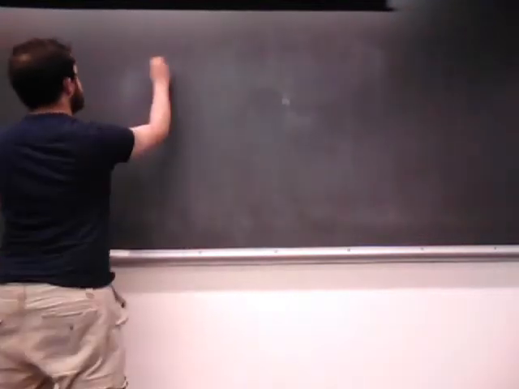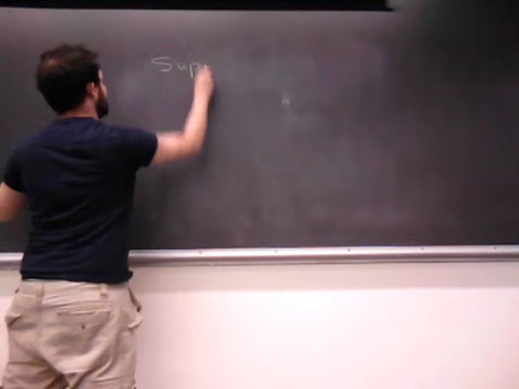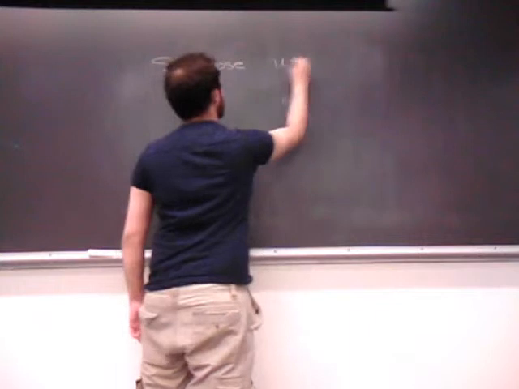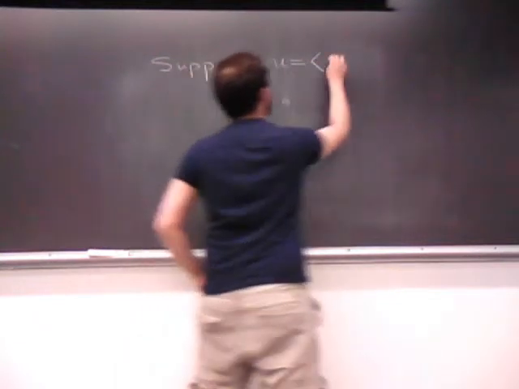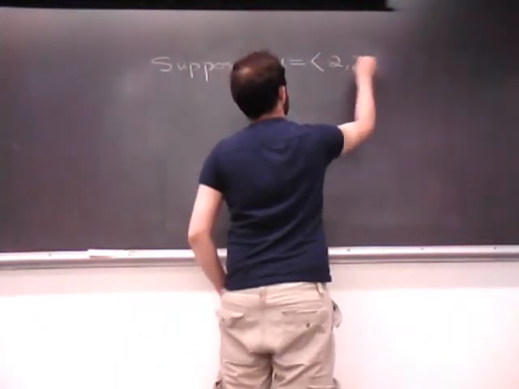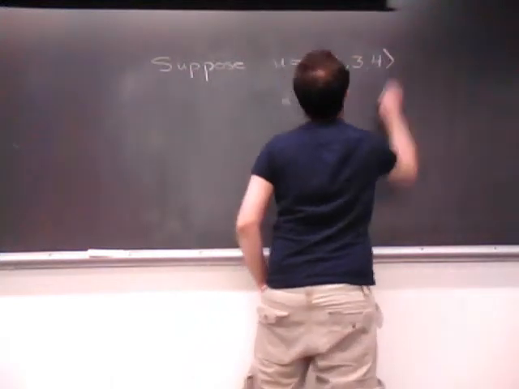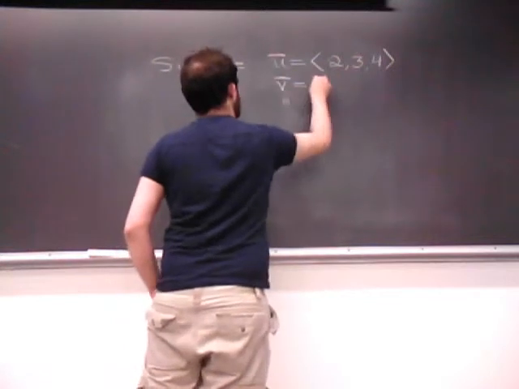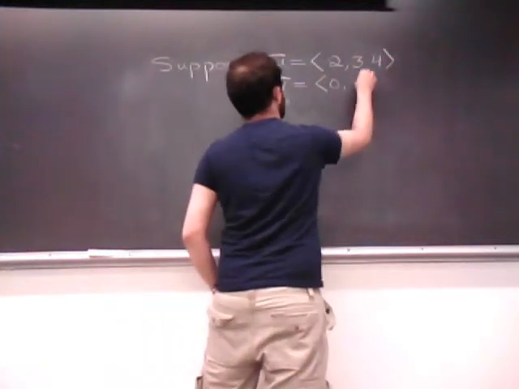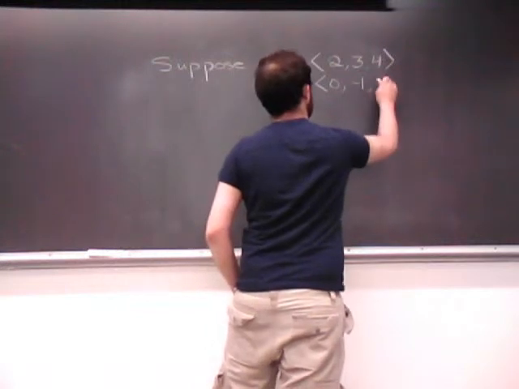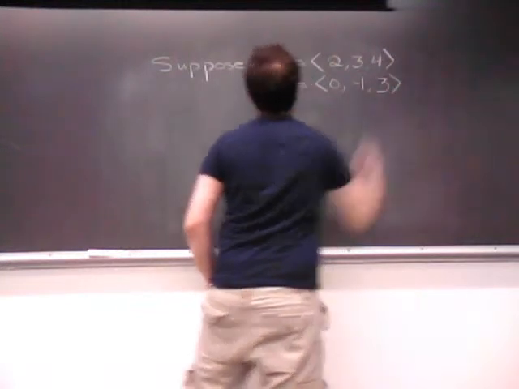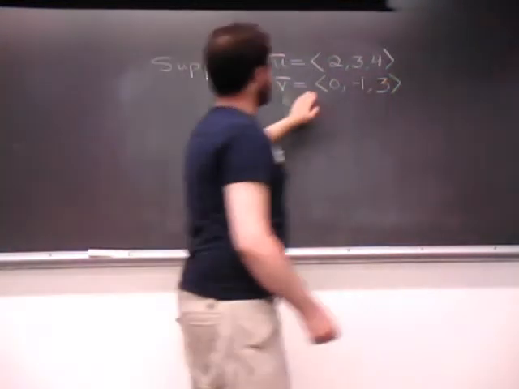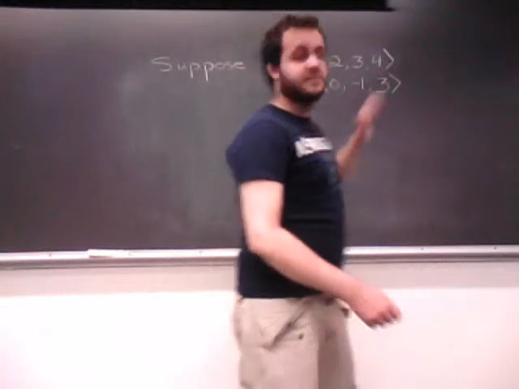So suppose u equals the vector 2, 3, 4, and v is the vector 0, negative 1, 3.